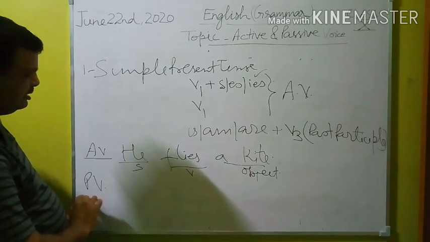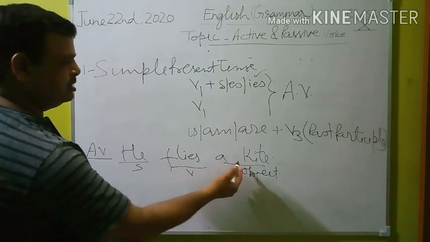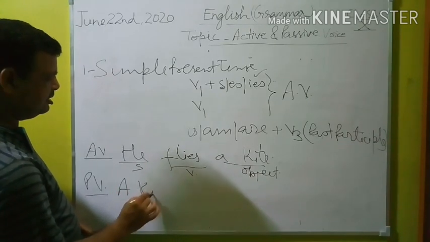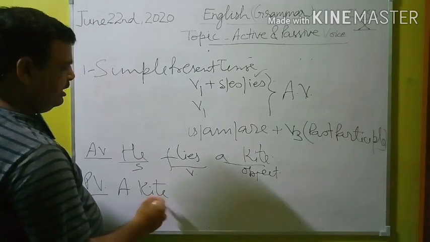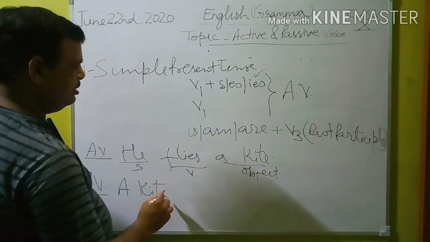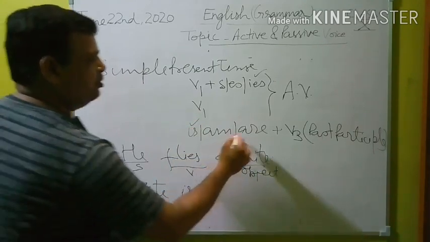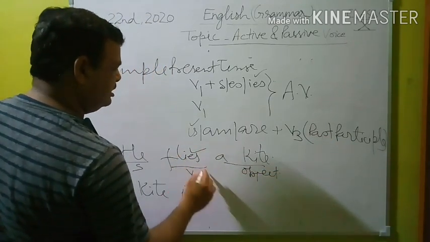Look at here. First of all, we will look at the object in the active voice because I have to make it subject. So object is a kite, and then we have to write the verb here. You can see that kite is a singular noun, so we will write is here. A kite is, and followed by is, we will write the past participle form of main verb, that is flies.